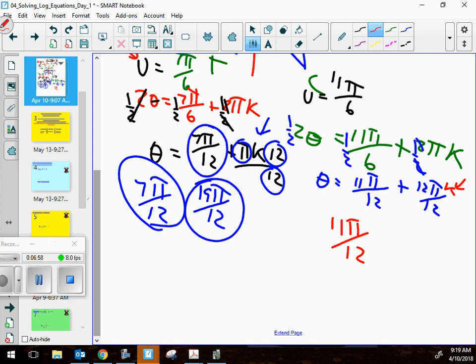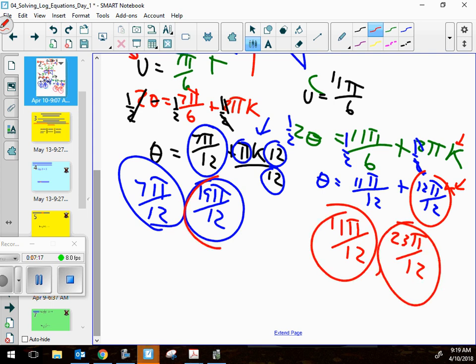And then if I set this k, which was the same as right there, equal to 1, it would be adding one set of 12 pi over 12. So 12 pi over 12 gets added to the 11 pi over 12. 23 pi over 12. There are your 4 answers.